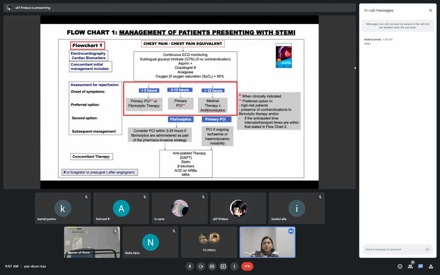Why? Correct answer. Because GTN will cause the BP to drop. How does it cause the BP to drop? GTN will cause vasodilation. Where? Where will it dilate?